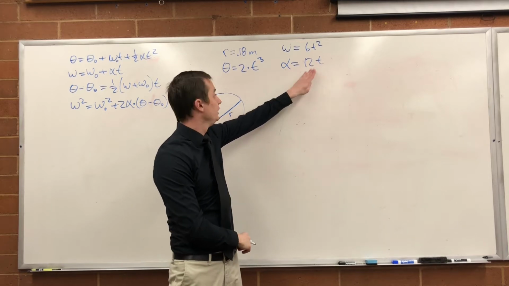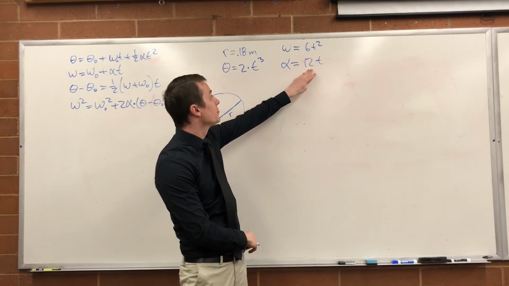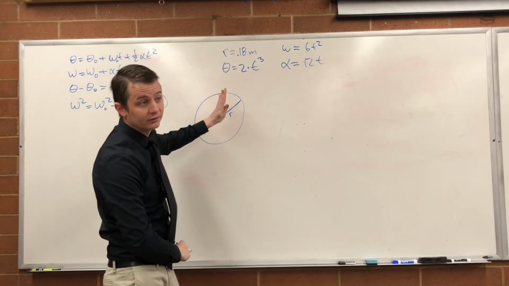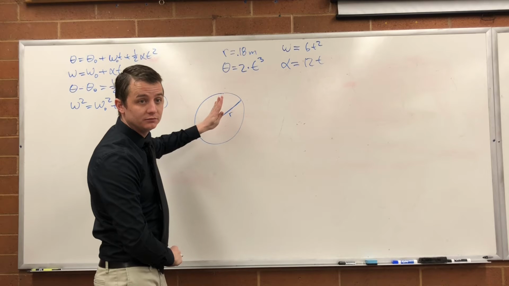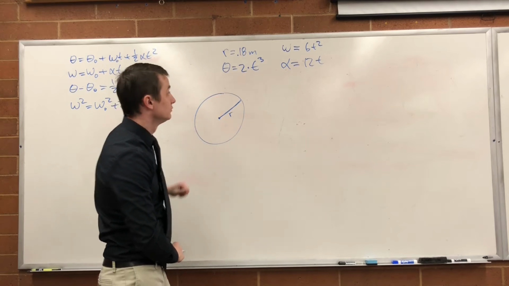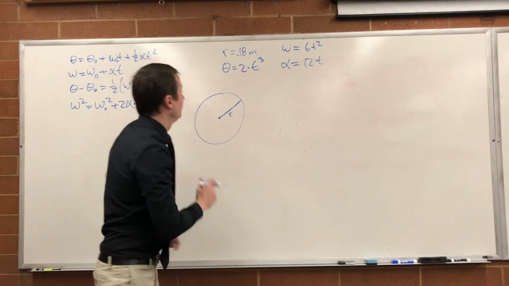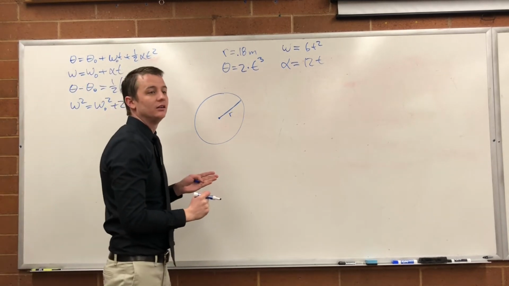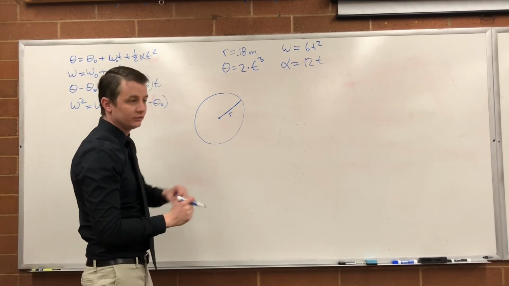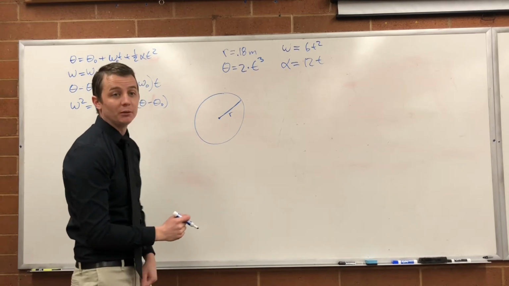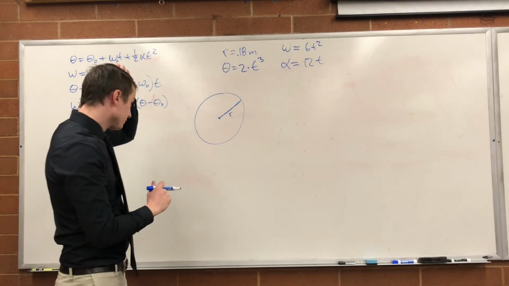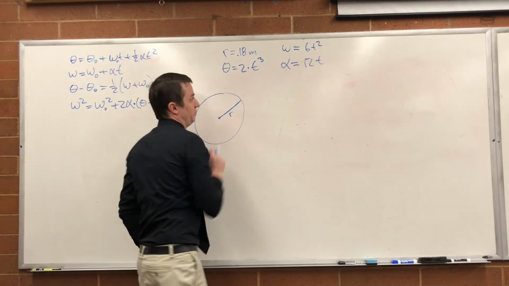Even the acceleration is speeding up with time. So this flywheel is speeding up very fast as it rotates. And obviously at time 0, how fast is it spinning? It's not. So it starts out at rest and suddenly it's spinning up really quickly. Good? Okay. And so we have our radius, it's spinning around.